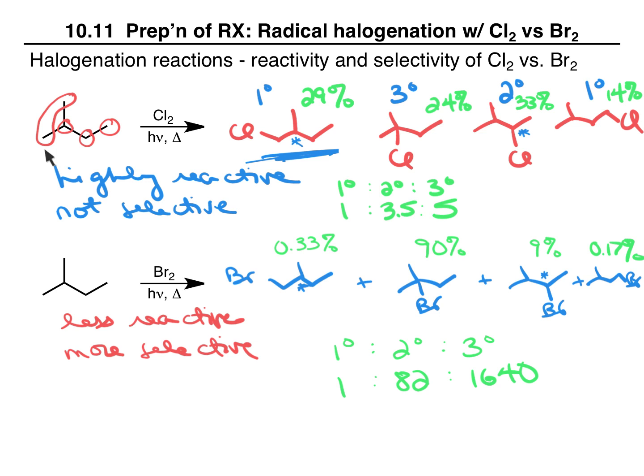So if I asked you to predict the products of this reaction, I expect you to draw all 4 of these products and to specify that you get these as a mixture of enantiomers. If I asked you to predict the products for this one, I would expect you to say this as your major product. And it's not necessary to draw the others because they are minor in comparison.